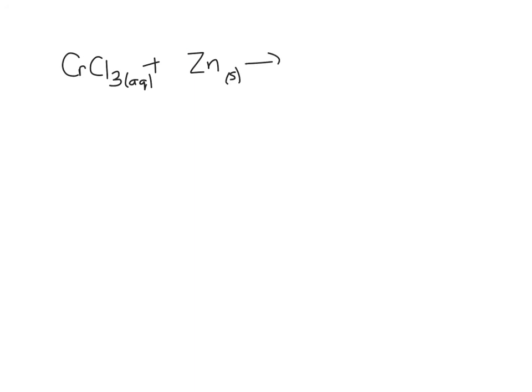What kind of a reaction is this? Single displacement. So now we're going to form zinc chloride. What's the charge on zinc? 2. And we will be bumping out chromium.